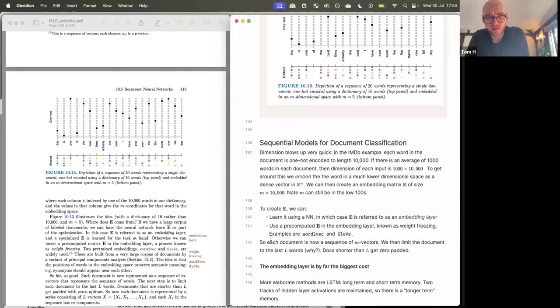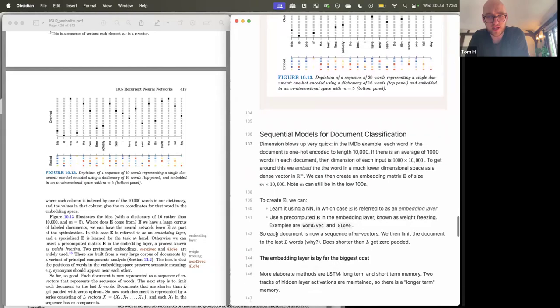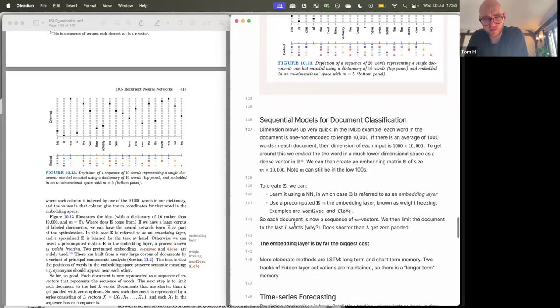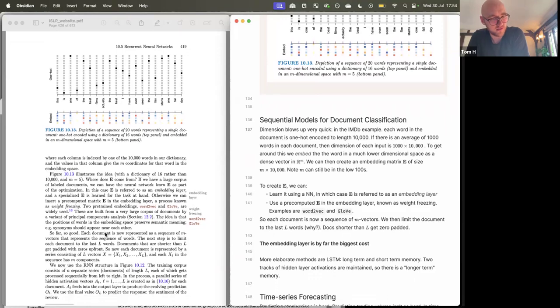So then you do this and you get a sequence of vectors of length m, which will be much shorter than your full dictionary. It then says we limit the document to the last L words, and it wasn't clear to me immediately why, because then documents shorter than L get padded with zeros up front. I don't know if that's just so we have a fixed length.